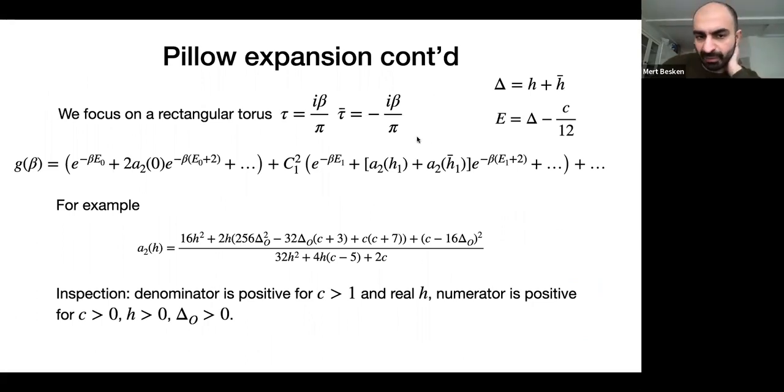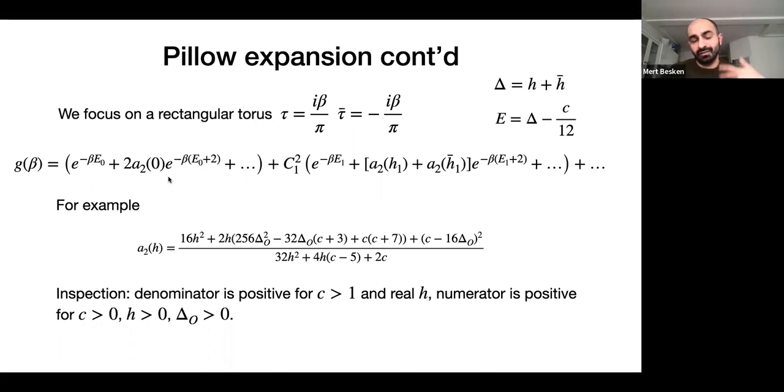So we're continuing with the pillow expansion, and we're focusing on a rectangular pillow torus, and we're parameterizing the torus with tau equals I beta, and tau bar will be minus I beta. I have some more definitions here. This is the pillow correlator. Here you see the identity block, the contribution of the identity operator.